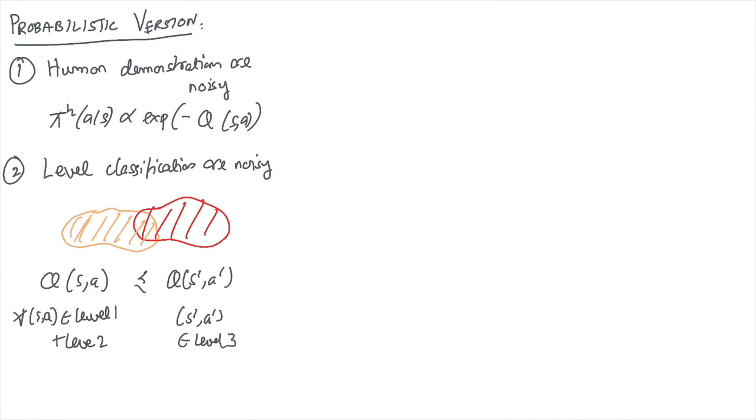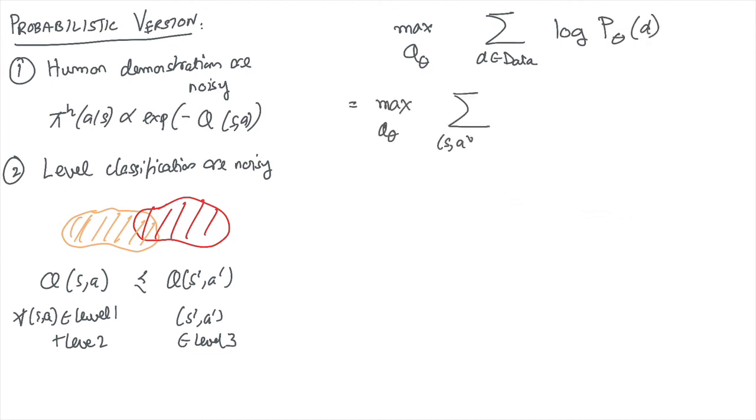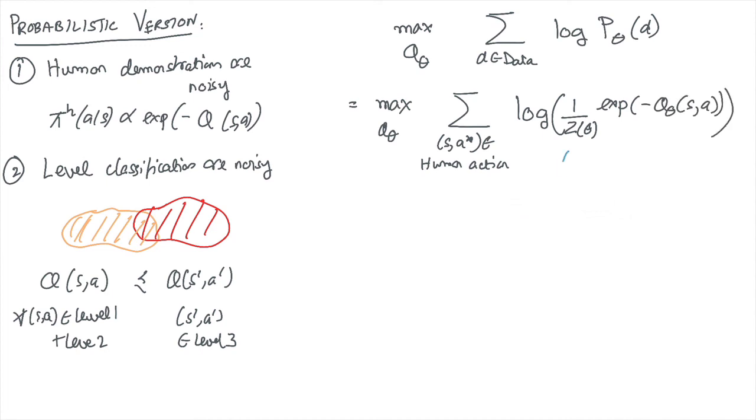And so in this probabilistic version, the basic idea is to maximize the likelihood of data. Now, it turns out that the data has 2 parts. The first part are the demonstrated human actions. And so this turns out into a standard cross-entropy loss.